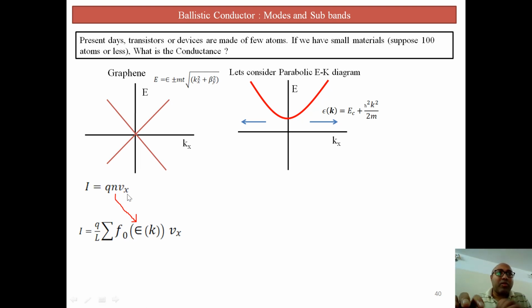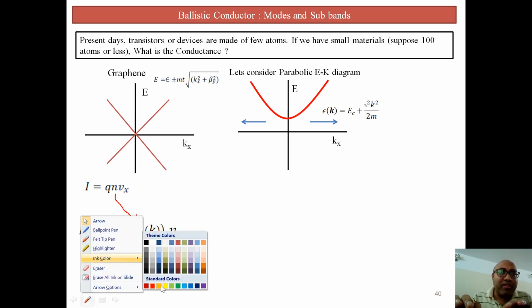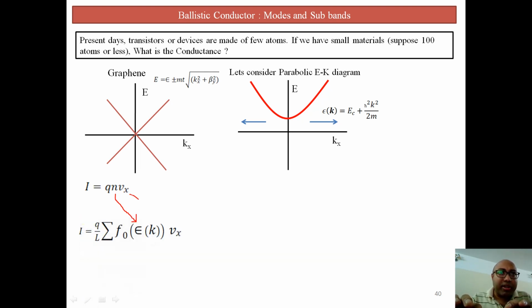Now Vx, we already knew about it. This is my Vx, this is my q, and this is my n.